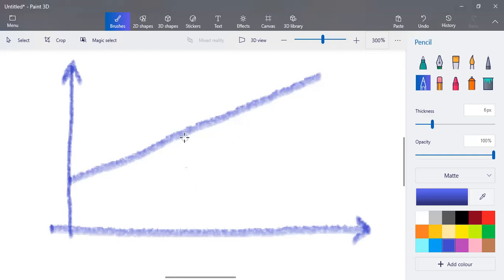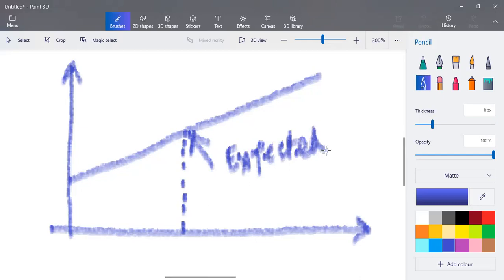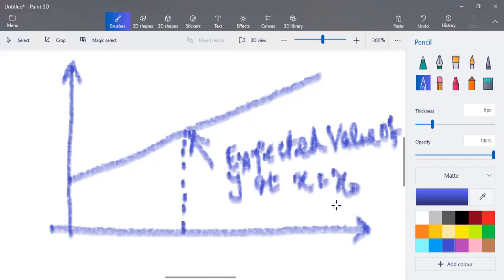Now this point is my expected value of y at x equal to x0, right?